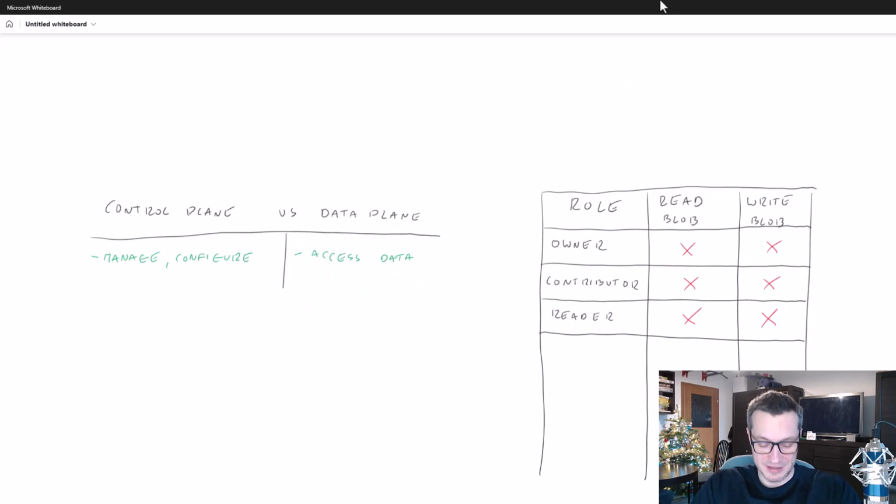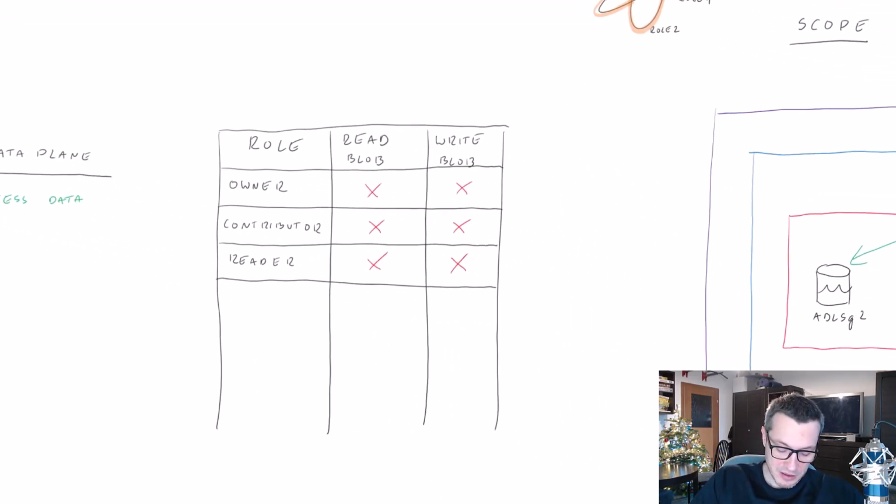So actually, let's add those roles to our table to indicate that we have those separate sets of roles for a data plane. So it is storage blob data contributor.